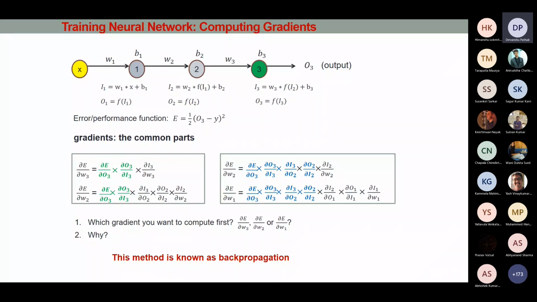You simply pick the number out of the table. It's just like a table lookup. You don't need to recompute the whole thing, so you are essentially minimizing the computation. Similarly, when you're computing del E del W1, you have already computed the 4 expressions marked by the blue color. You store these things in variables when you are computing them, and you straight away apply them to compute it.